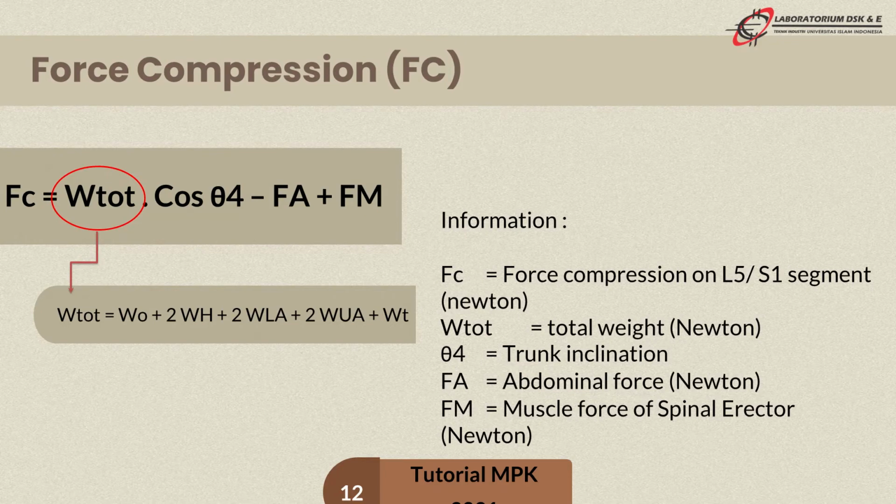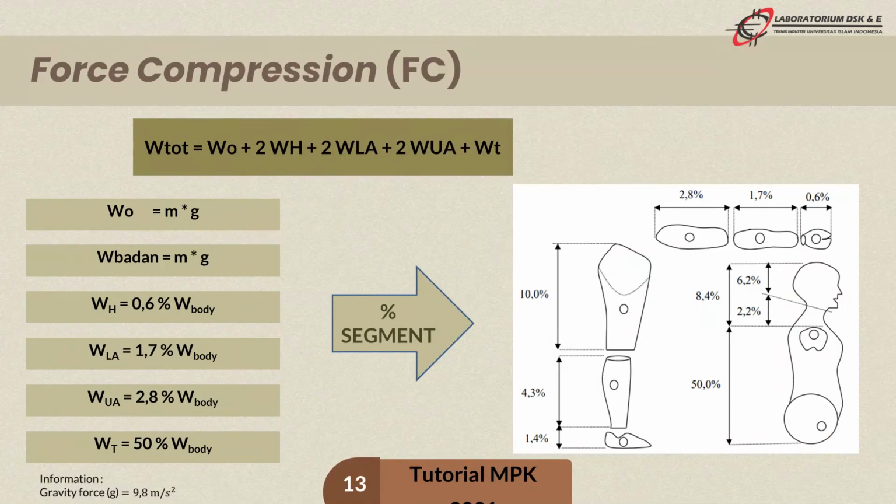And the first step, like the previous explanation, is calculating the total weight. This is the formulation to calculate the total weight. There are several body segments used to calculate the total weight, and the segments are palm, lower arm, upper arm, and trunk.